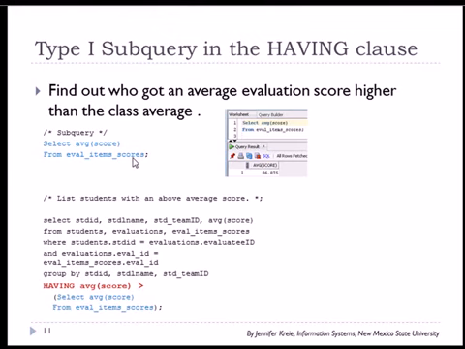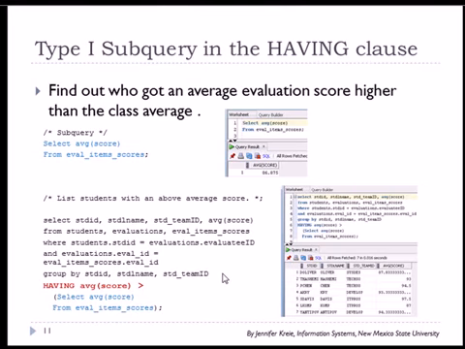Now I'm going to list the information from students' evaluations and eval item scores, connecting my tables in the where clause, doing my group by for student, and then using the having clause, average score for the student, and embedding in the having clause the subquery where I got the across the board class average.